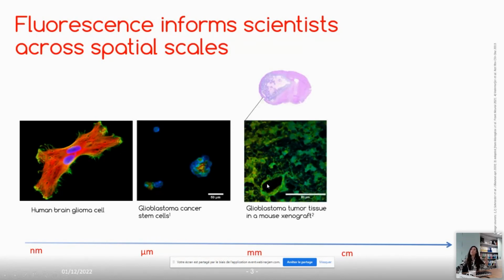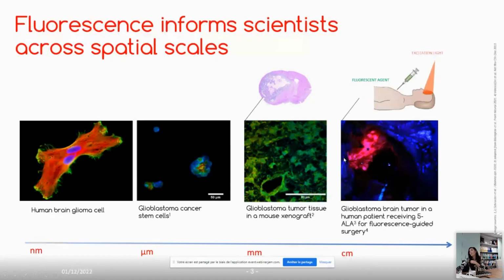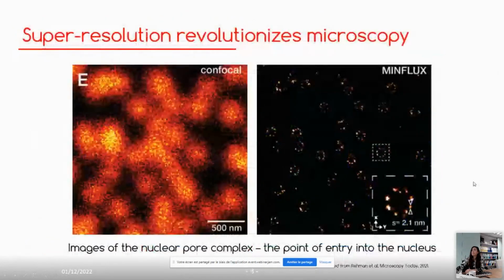But we can also understand how those cells form an ecosystem in order to discern differences in metabolic states and different diseases, and also even serve on a macroscopic scale to aid in surgical intervention. So from nanometer to centimeter, fluorescence is a key tool that allows people to not only understand biology, but to treat disease and to make huge developmental strides in medicine.